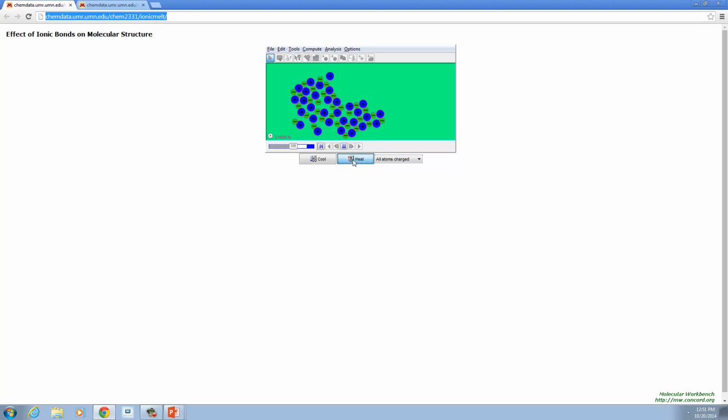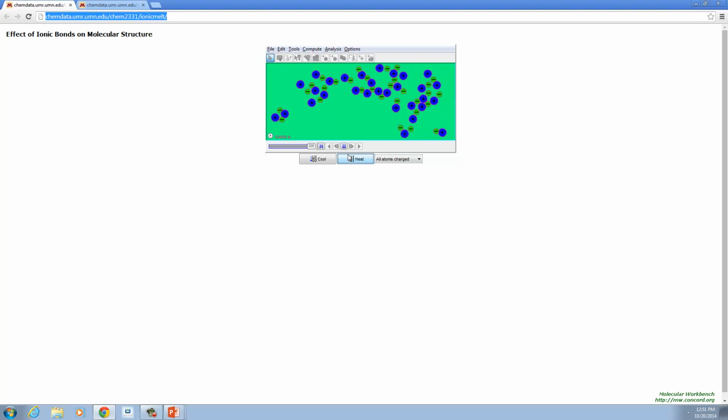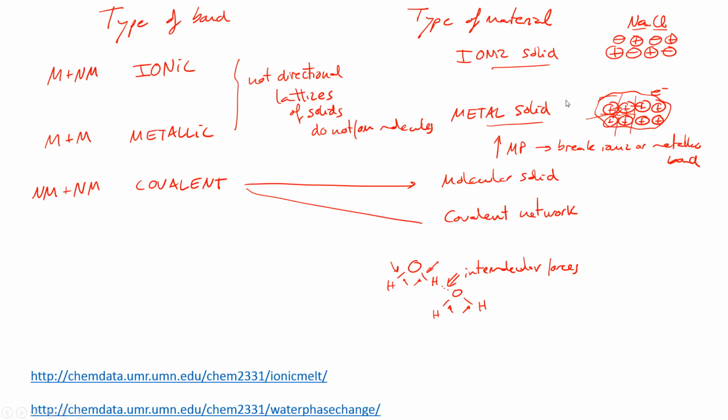Notice that all the interactions are breaking, so you have to actually separate the positive from the negative. You have to break the ionic bond. So that's for ionic bonds. This is why we said that they have high melting points, because when melting the solid, it takes a lot of energy. You need to break the ionic bond.